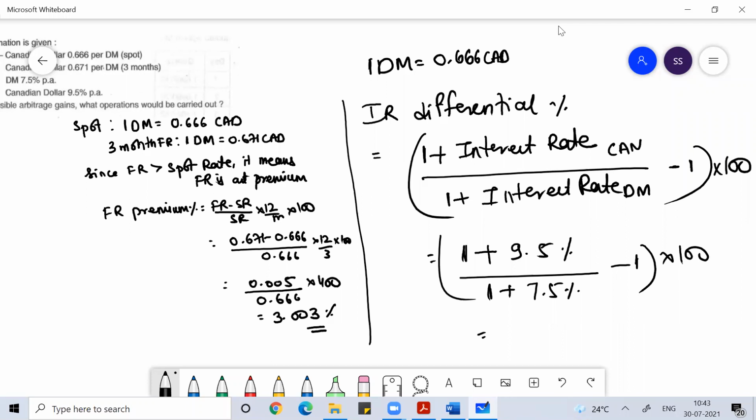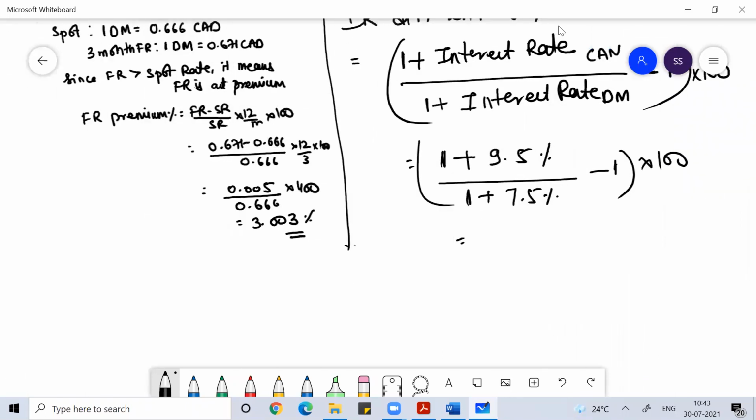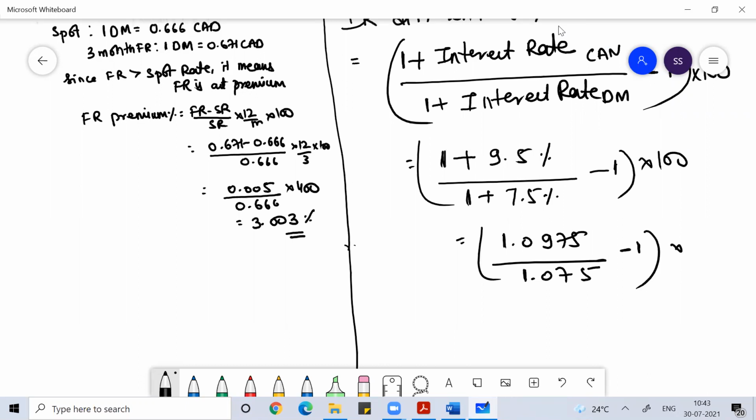So 9.5 percent is 0.095 and 7.5 percent is 0.075. So you write 1.095 divided by 1.075, minus 1, into 100. Then use the calculator and find this value.